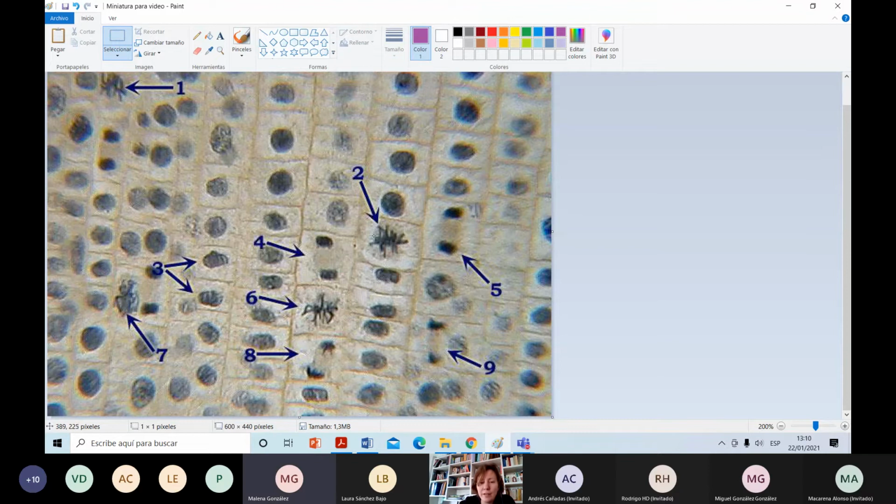But what do I have here in number 2 and number 6? The chromosomes are all aligned. They are all in the central part of the cell. So what's the name of this phase in which all the chromosomes are in the middle? Anaphase, ¿no?